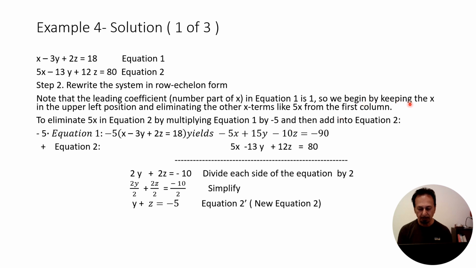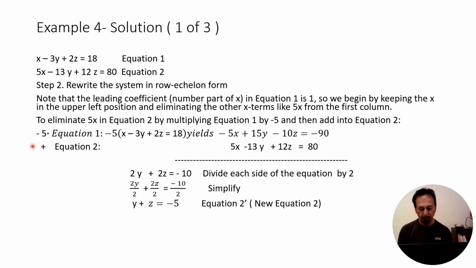And so I begin by keeping the x term in the upper left corner, and eliminate the other x term, like 5x, from the first column of the second equation. To eliminate 5x using equation 1, we multiply equation 1 by negative 5 and then add to equation 2.